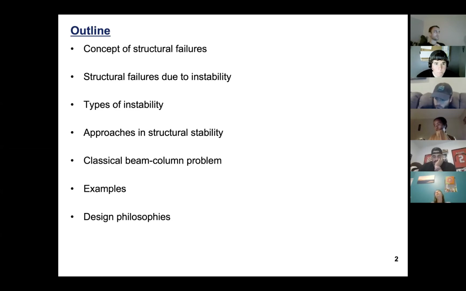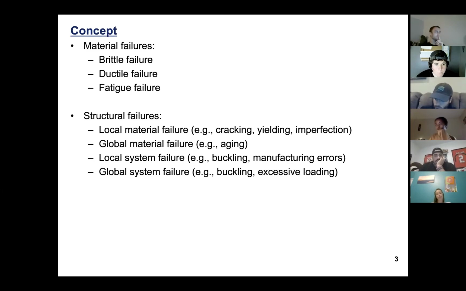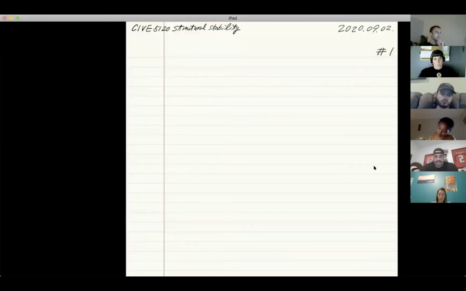Now, before I start that, I will have to start with the bigger picture, which is structural failures. Let me use my notes to explain what I mean by structural failures.